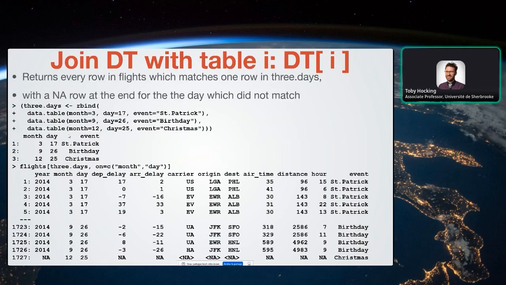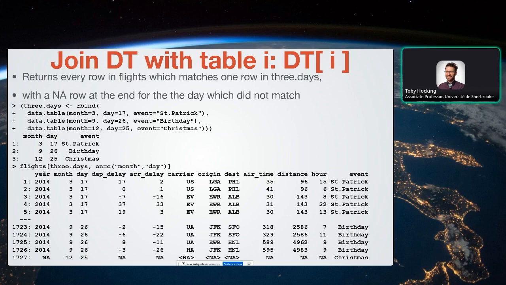So let's give an example here. Going back to the flights data set, let's define 3 days as a data table with month equals 3, day equals 17, event equals St. Patrick's Day. You also have another birthday and Christmas at different days. So here we have a data table of 3 rows. What if we wanted to join that to the flights data table to see what flights happened during those 3 days?